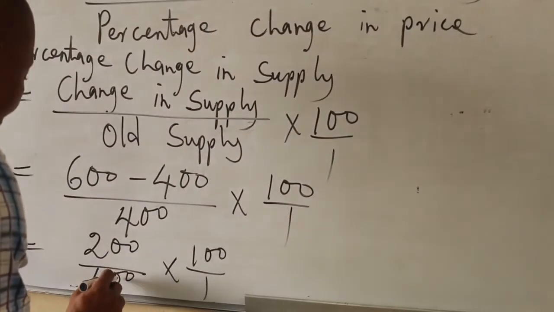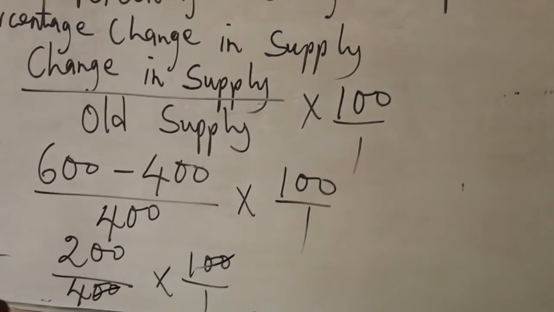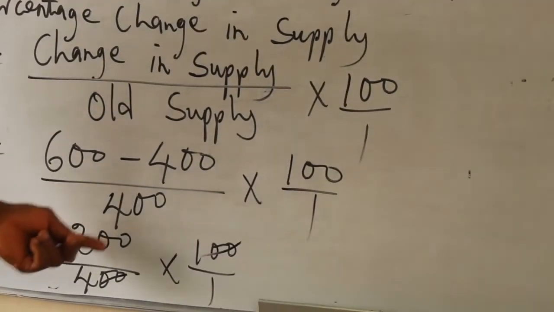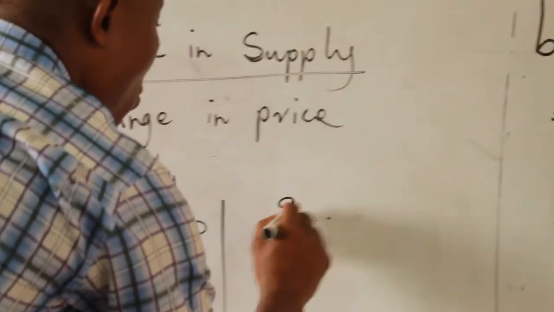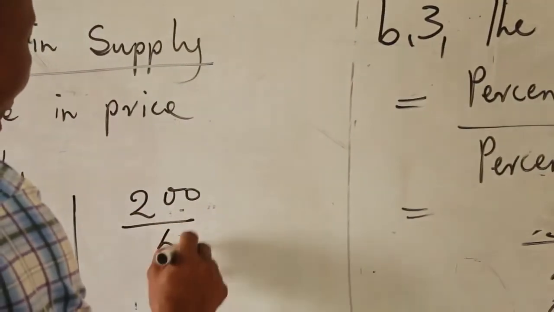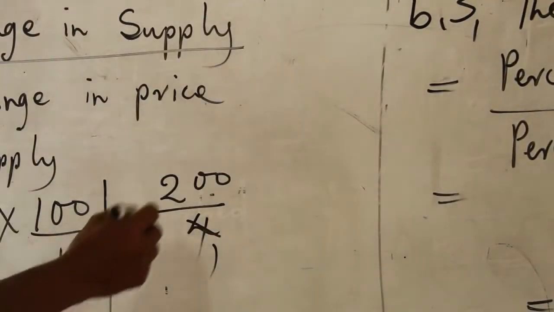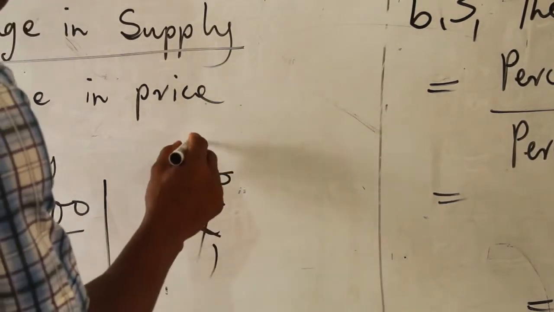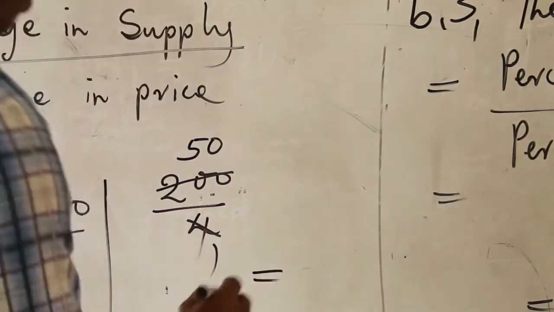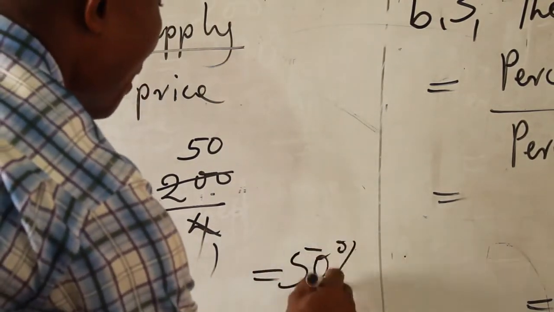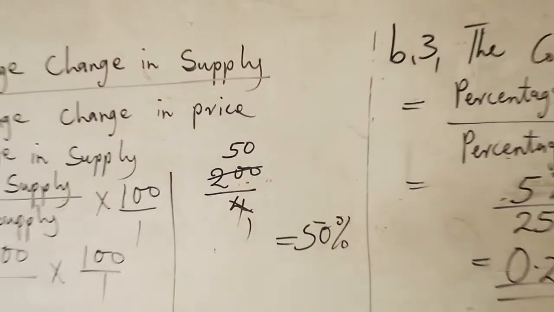Here, 0 can cancel this 0, and what we are left with is 200 divided by 4. 4 can cancel 4 to give us 1, and 4 can cancel 200 to give us 50. And here we have 50% as our percentage change in supply.